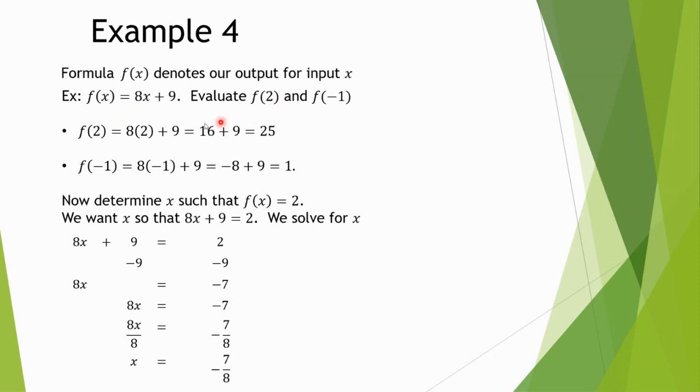So in this case, we're taking x to be 2. F of that, what's the output? Well, it's 8 times 2 plus 9, which is 16 plus 9, and of course that's 25.